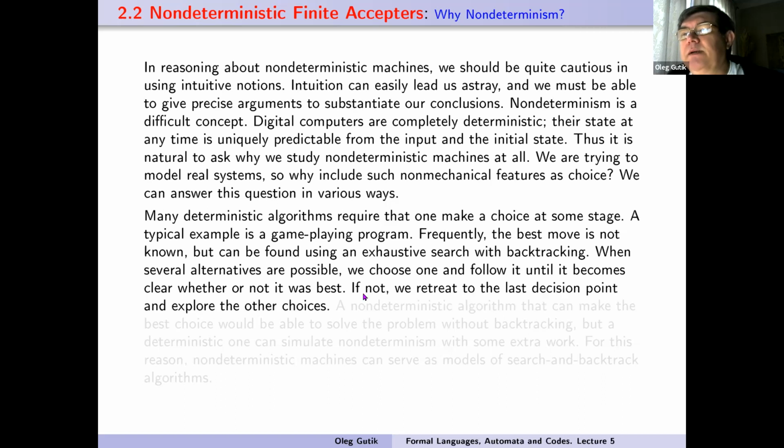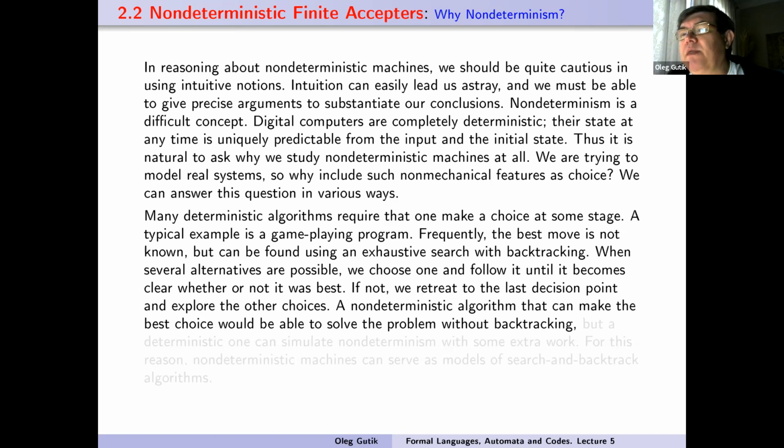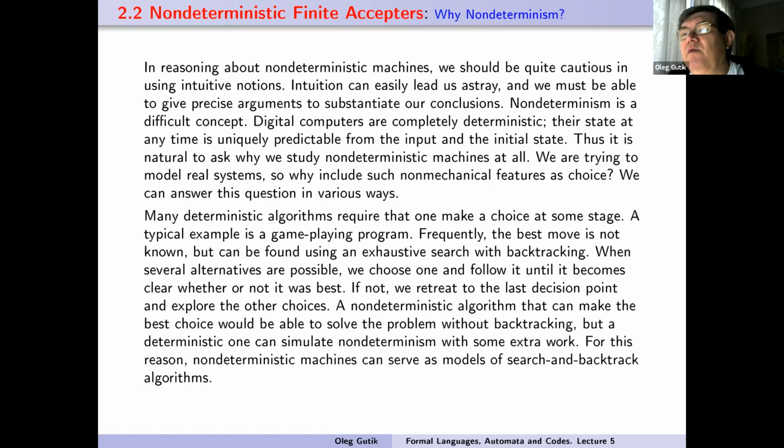If not, we retreat to the last decision point and explore the other choice. A deterministic algorithm that can make the best choice would be able to solve the problem without backtracking. But a deterministic machine can simulate non-determinism with some extra work. For this reason, non-deterministic machines can serve as models of search and backtrack algorithms.